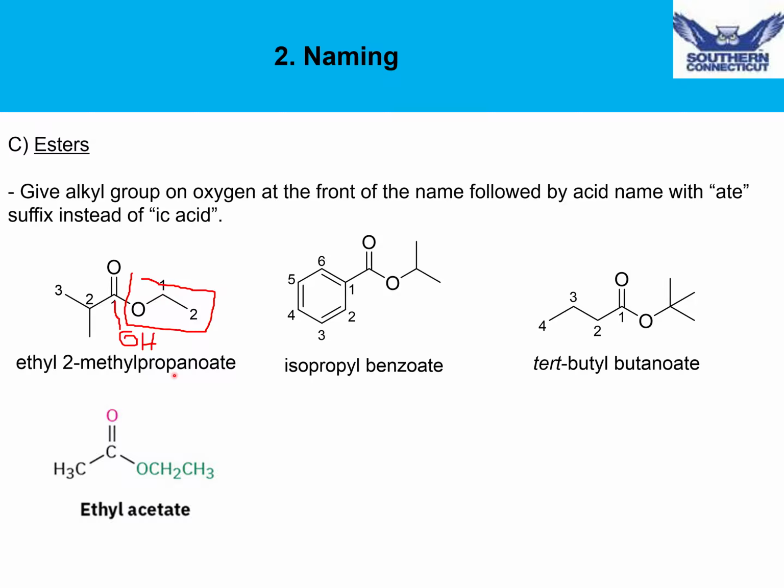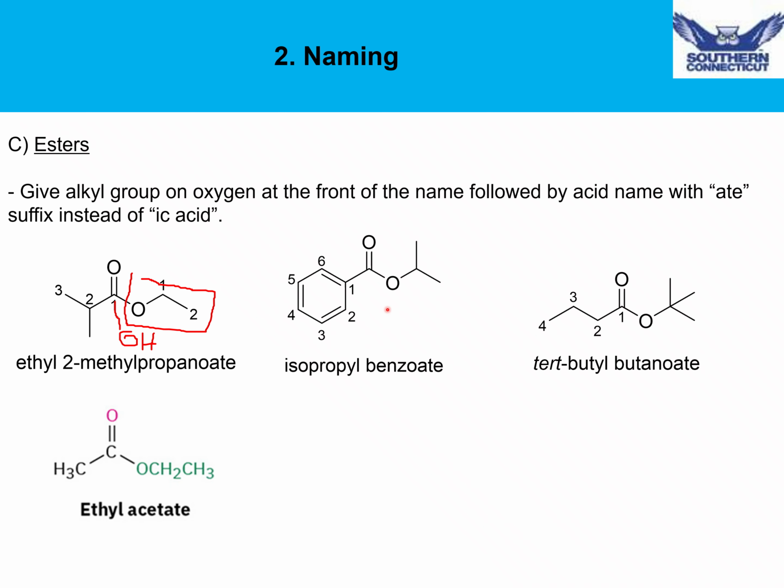When it is an ester, we change the ic acid ending with ate. We also have an ethyl group on the oxygen of the ester. That ethyl group goes in front of the entire name, so this entire compound is named as ethyl 2-methyl propanoate.